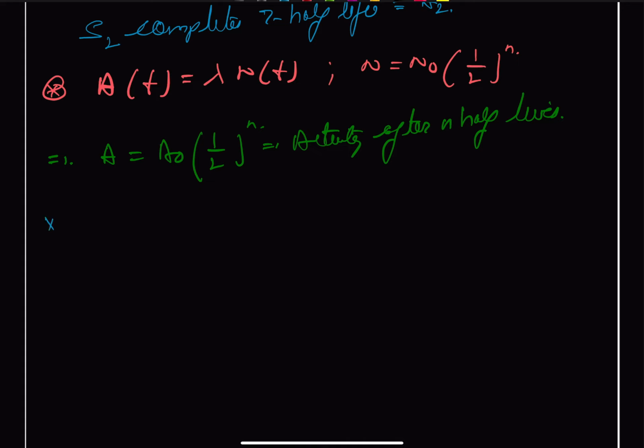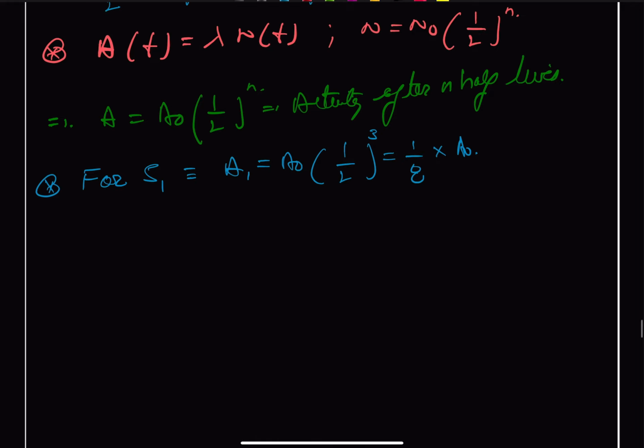Therefore we can write that for S1, which is having 3 half-lives, and the activity is given as A1, initial activity is our A naught, and the value of n is 3. So this gives us 1 by 8 multiplied by A naught. Similarly, we can write for S2. So for S2, we have our A2 is equal to A naught, and it is having 7 half-lives.